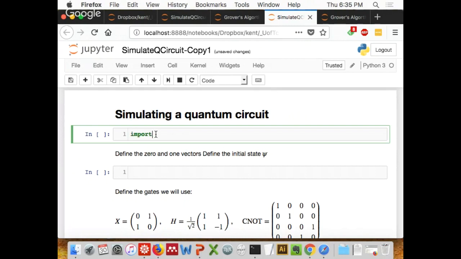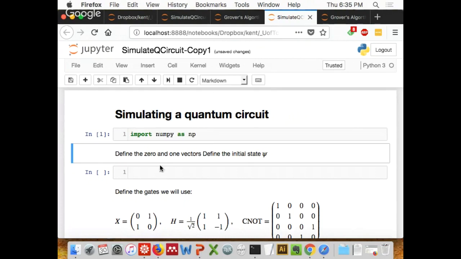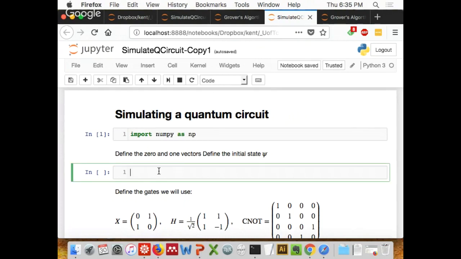But I'm just going to use NumPy for some of the matrix algebra. And the first thing we want to do is define the 0 vector and the 1 vector. So I'm just going to use the np.matrix.